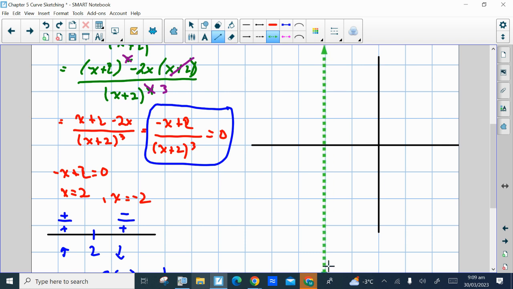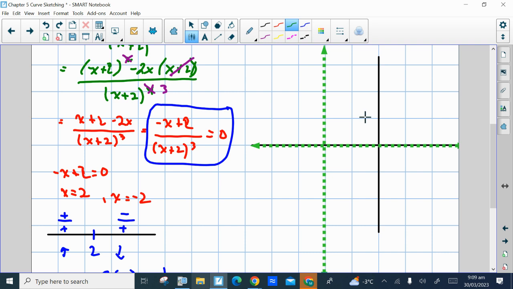So there's our vertical asymptote. There's our horizontal asymptote. We also saw that we have a maximum point, a local maximum at the point 2, 1/8. So because of that, I'm going to need to use a fairly small scale on the y-axis.